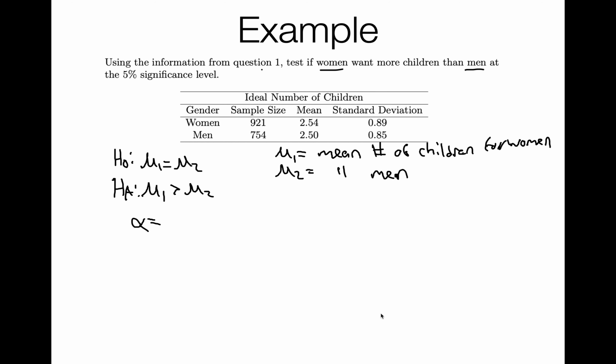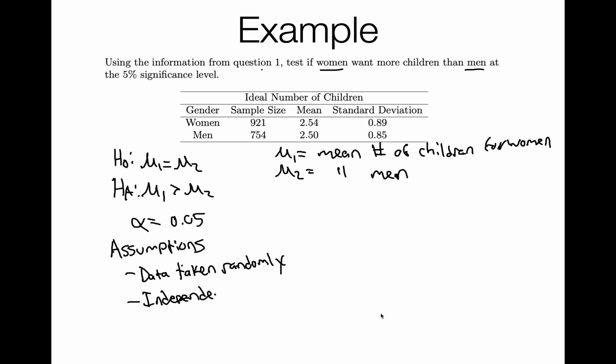The significance level is 0.05. Assumptions: first, that the data was taken randomly. Second, we have independent samples with unequal variances.